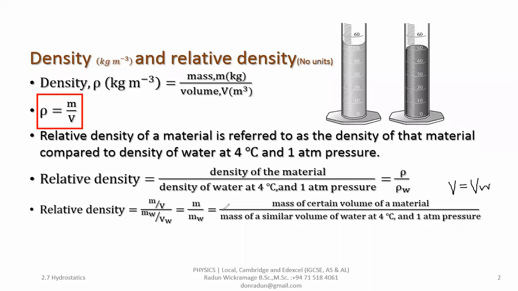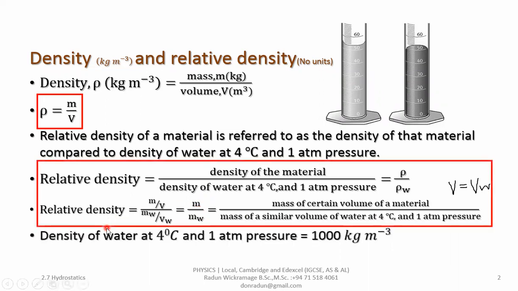In that situation, you can write it as the mass of a certain volume of the material divided by the mass of a similar volume of water at 4 degrees Celsius and 1 atm pressure. This is also applicable when you find the relative density.